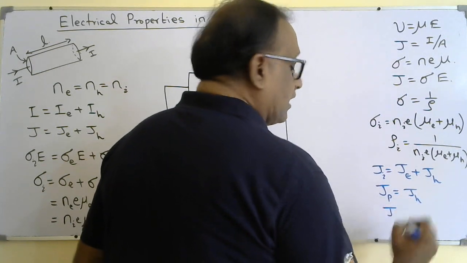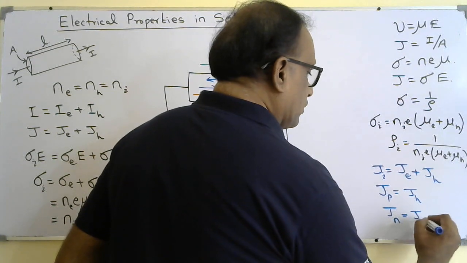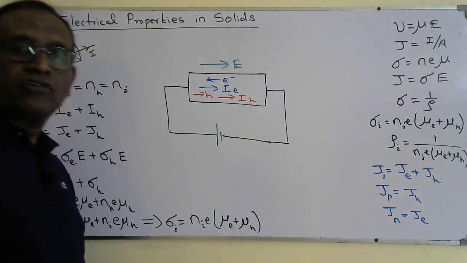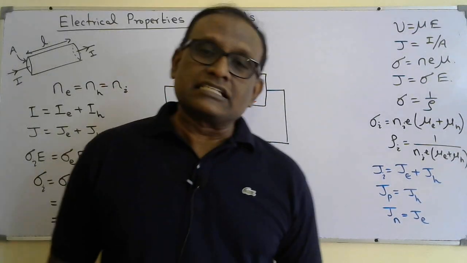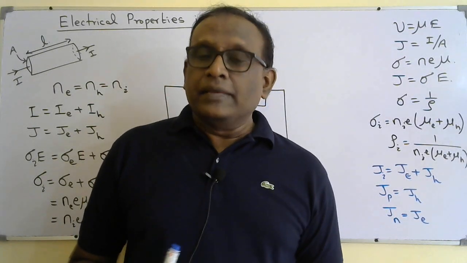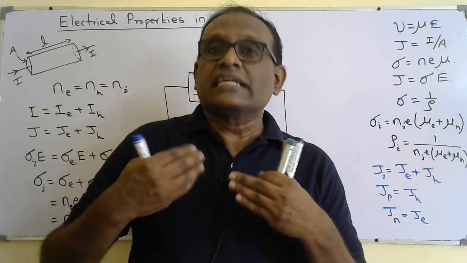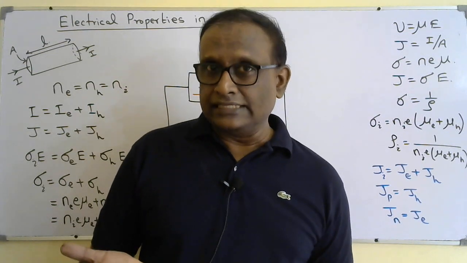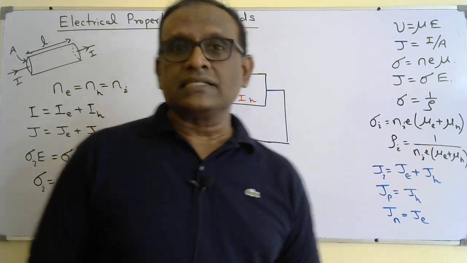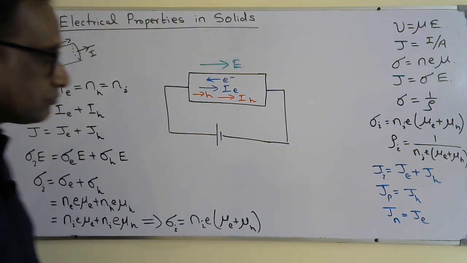If it is an n-type semiconductor, Jn is equal to the flow of electrons only, because in an n-type extrinsic semiconductor there will be much larger charge carrier densities in the conduction band, and the number of holes per unit volume is negligible. I already explained this earlier also.